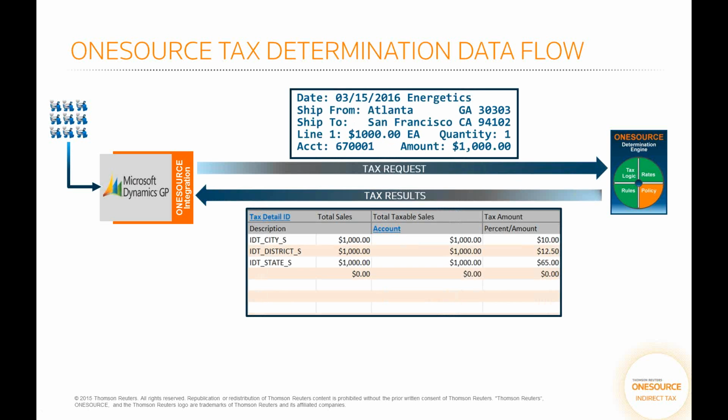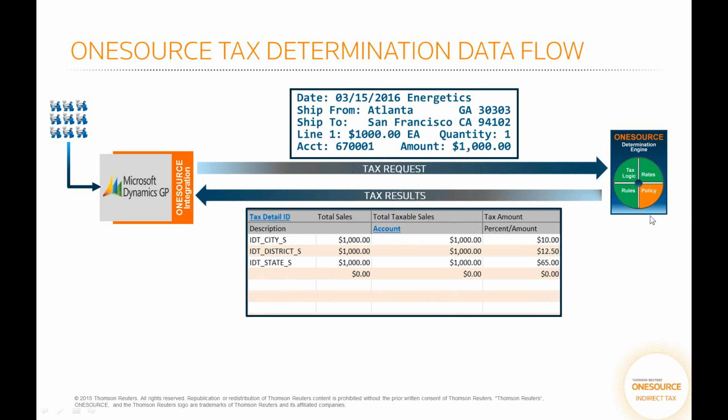The response will contain the correct tax amounts and tax rates. And notice that in this example, the taxes are distributed by zone as formatted for Dynamics GP: city, district, and state. Now, when we send the response back to GP, we write to the GP transaction tables the same way that native GP writes to those tables.